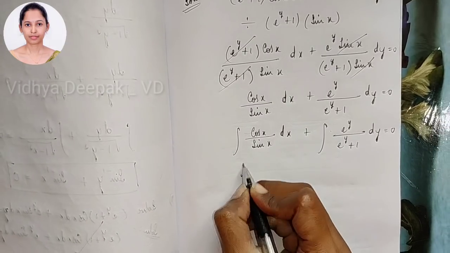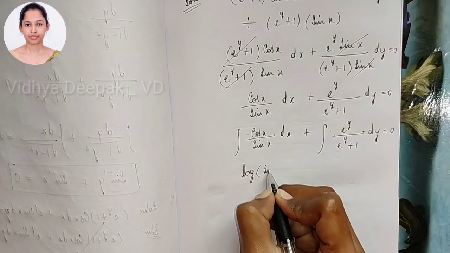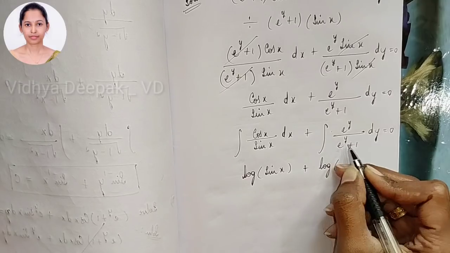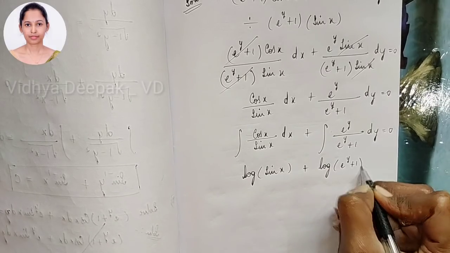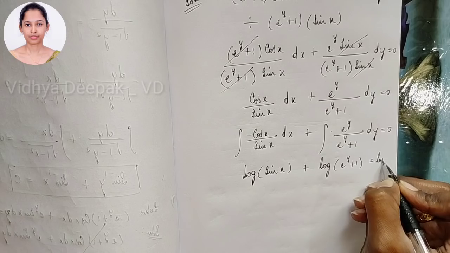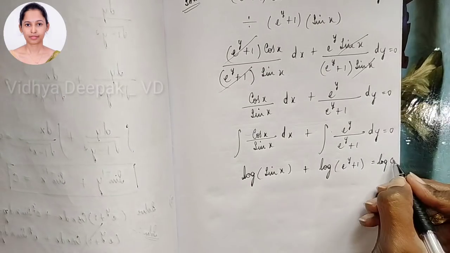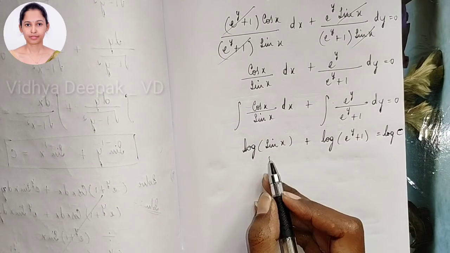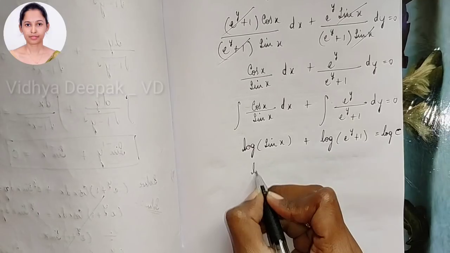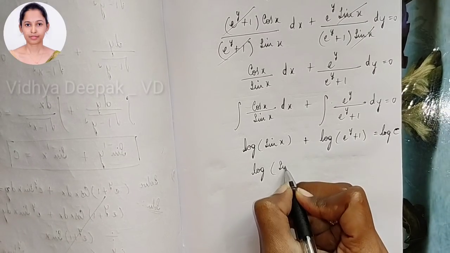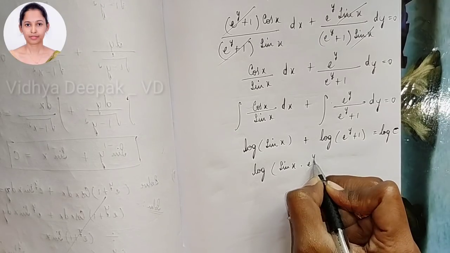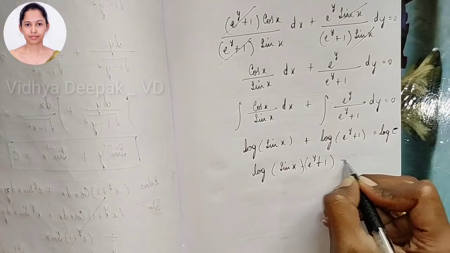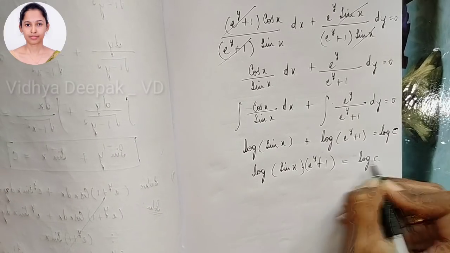So this can be written as log of the denominator, that is nothing but sin x, plus this also can be written as log of the denominator e power y plus 1 is equal to, I'll take the integration constant as log c. Okay, so we have this in the form of log m plus log n, that is nothing but log m into n, right? Log mn is equal to log c.